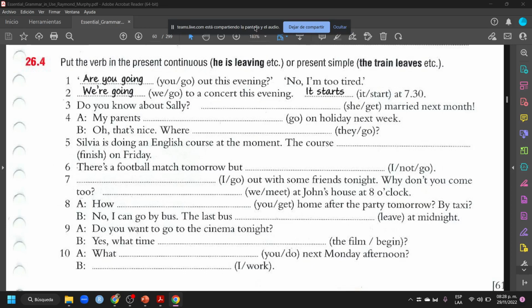But the next is a schedule, so in this case we use present simple: it starts at 7:30. Okay? So we continue with number 3 to number 10. Do you have questions, comments? No? Okay, when you get ready, tell me.